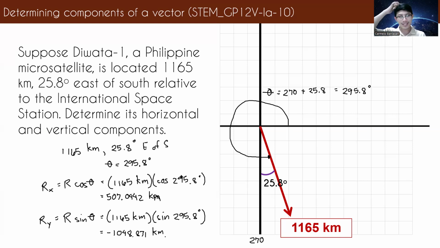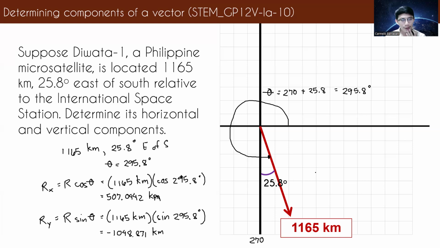Okay, so why is it positive x and negative y? Why is our Rx positive and our Ry negative? That's for you to discover. I will ask you during our next meeting.